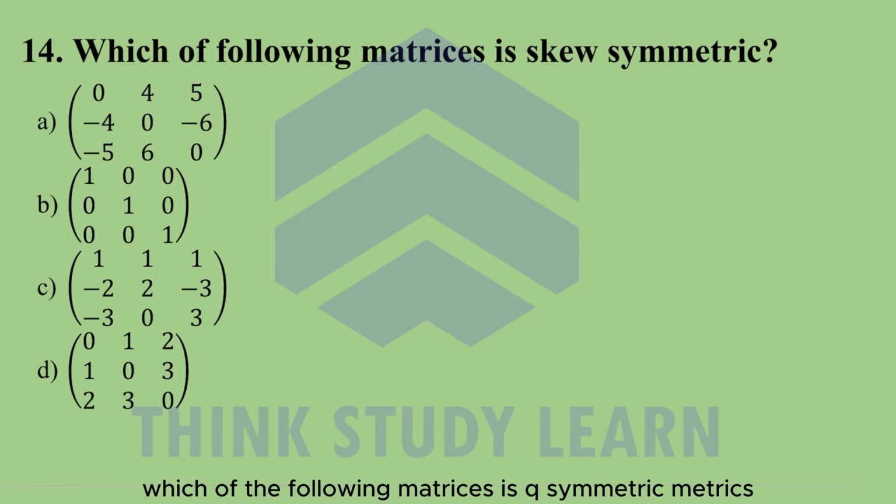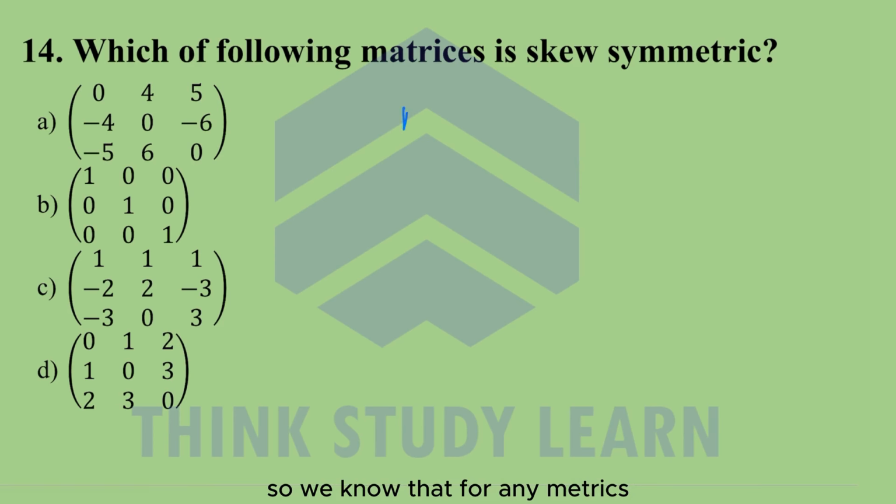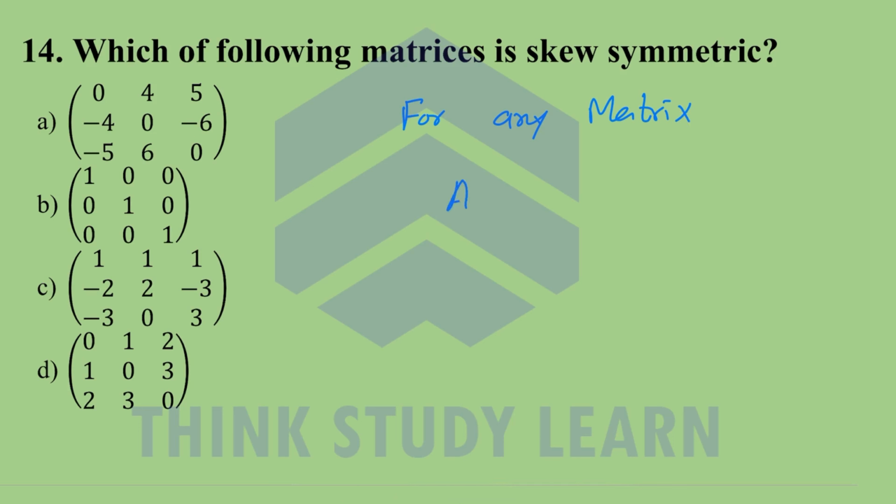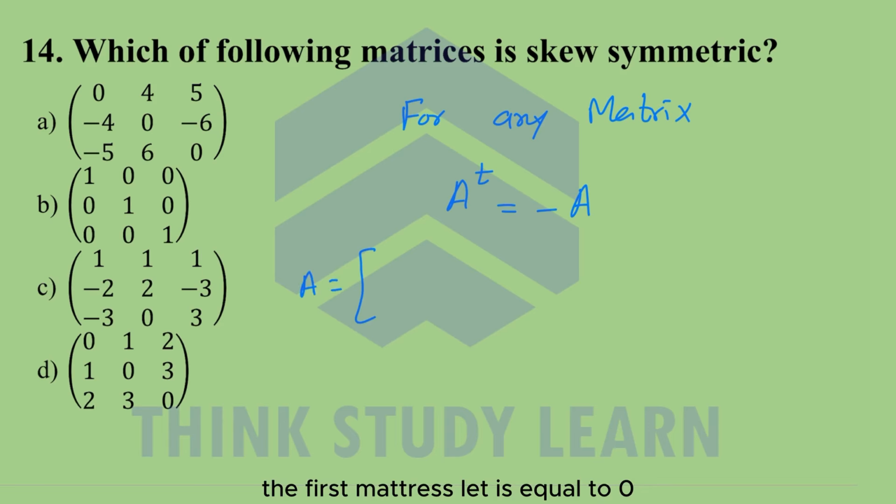Which of the following matrices is skew symmetric matrix? We know that for any matrix to be skew symmetric, its transpose should be equal to the negative of that matrix. Looking at the matrices here, the first matrix, let A be 0, 4, 5, minus 4, 0, minus 6 and minus 5, 6, 0.